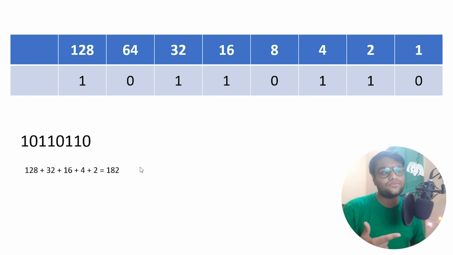But since this is the field of networking, and I already told you that we are working with 8 bits, you just have to remember this particular table and do the calculations like this. This is the fastest method to do the calculation. So this adds up to 182, and this is how you do the binary to decimal conversion.